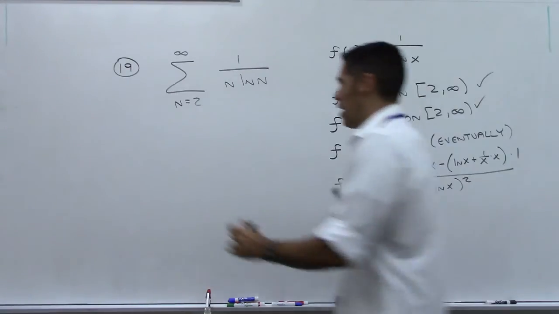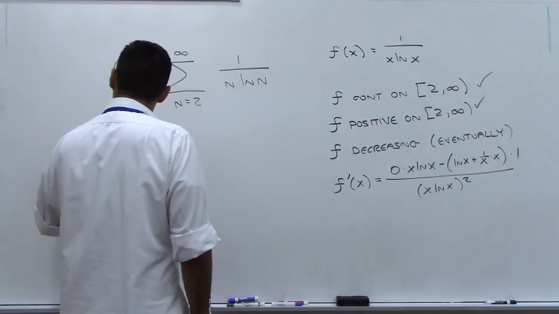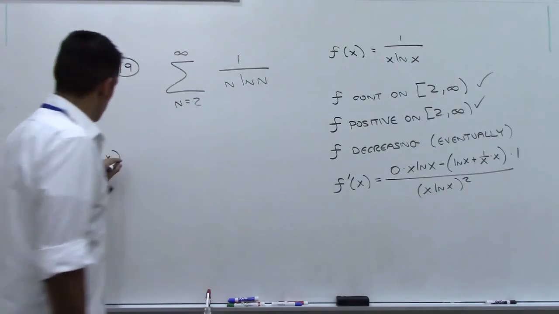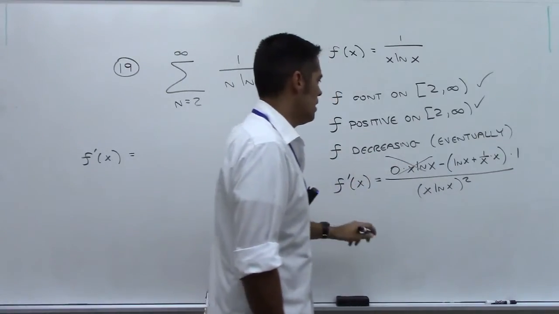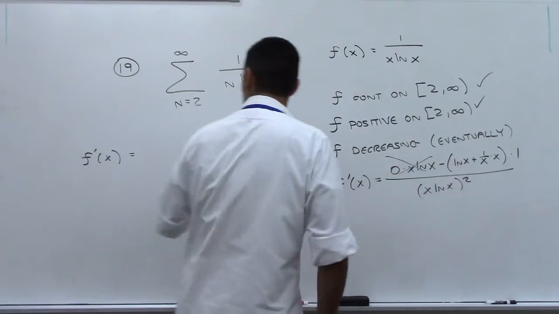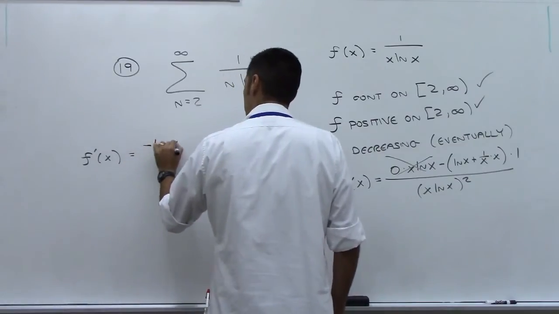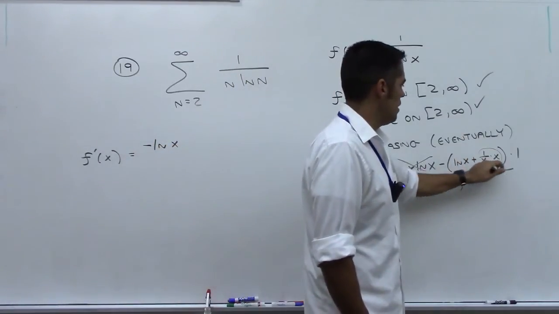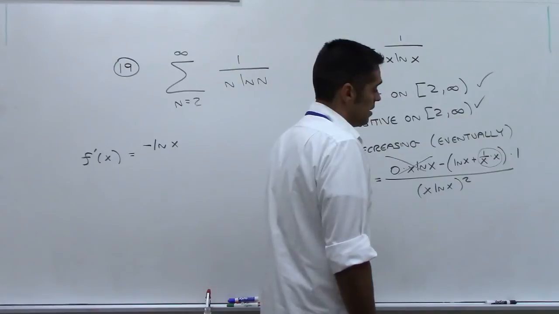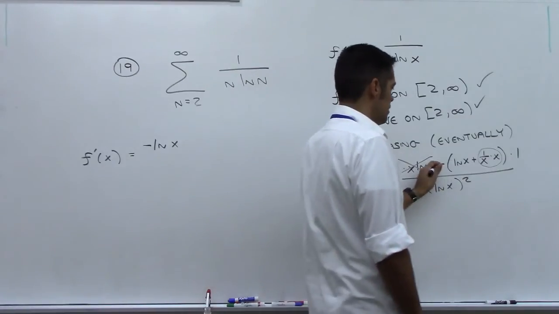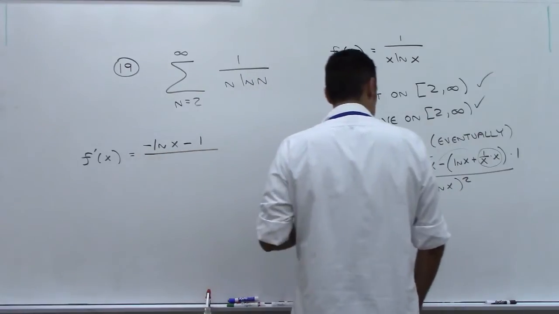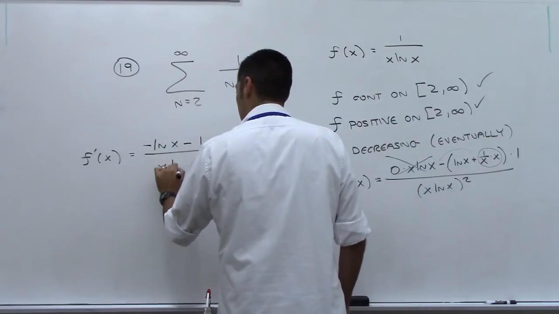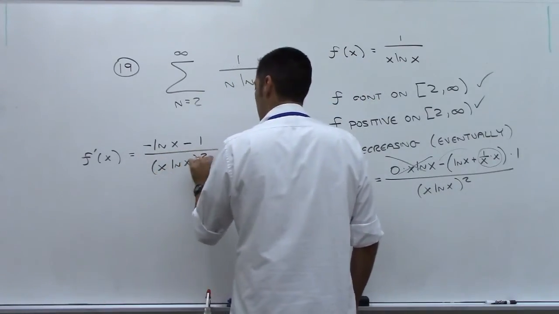And let me figure out what that is. So f prime of x is equal to, let's see, this goes away. I get negative to distribute through, negative natural log x. 1 over x times x is going to give me 1, but I distribute a negative through, so negative 1, over x natural log x squared.